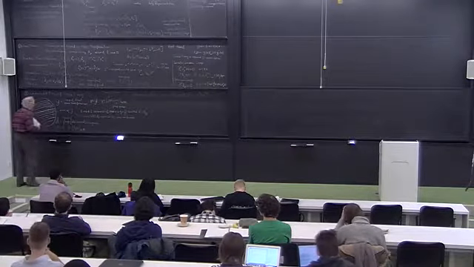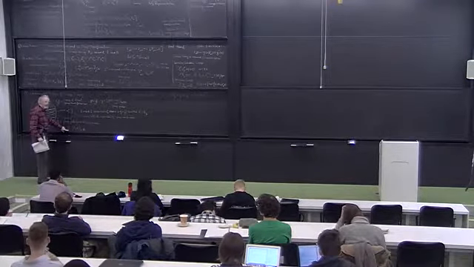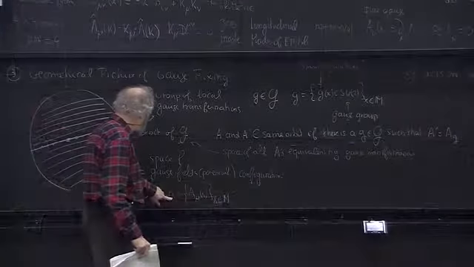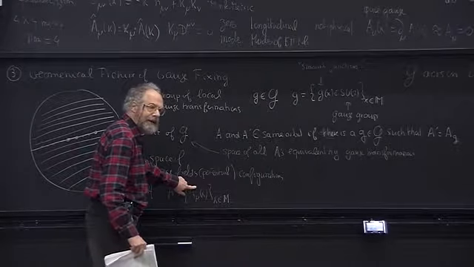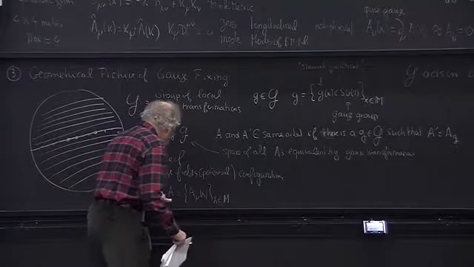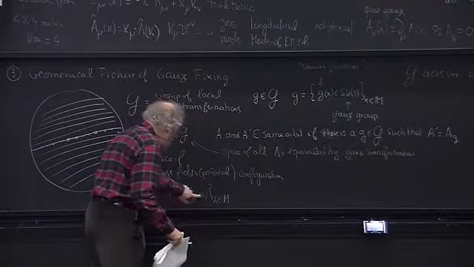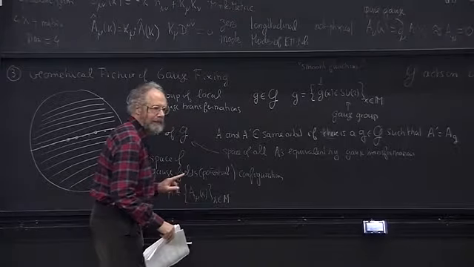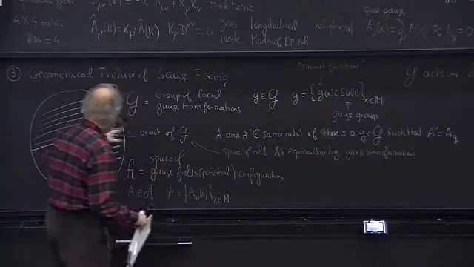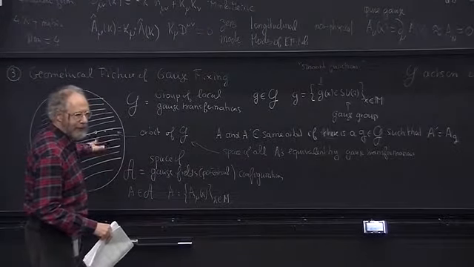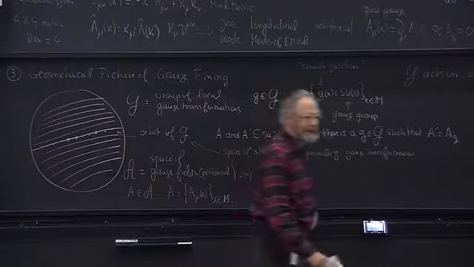Simply here I have used very compact notation where by A I denote A mu of x, but of course it depends on a. So in fact, the coordinates are labeled by x, mu, and a. Okay. Simply I'm using this geometrical picture because it's all that's important.